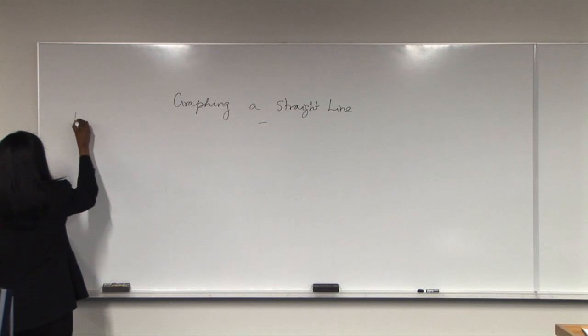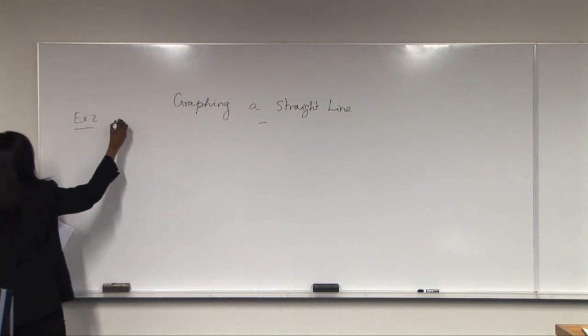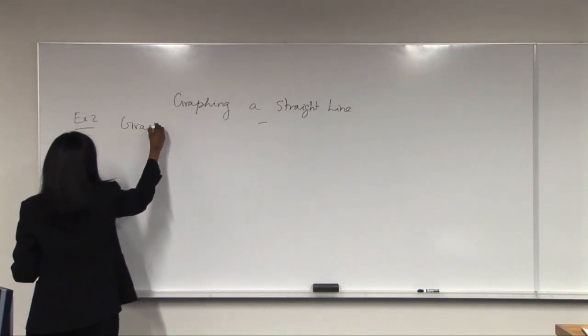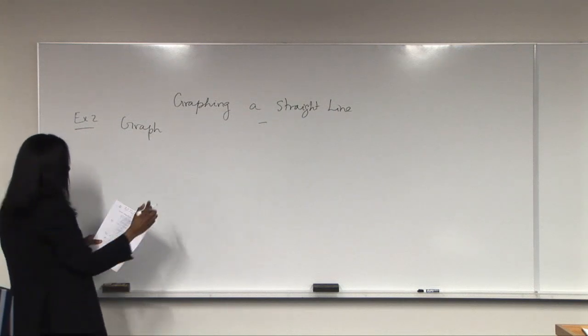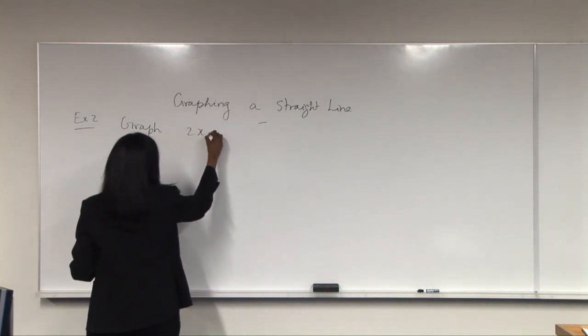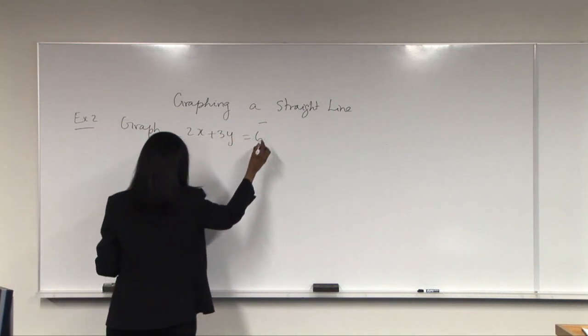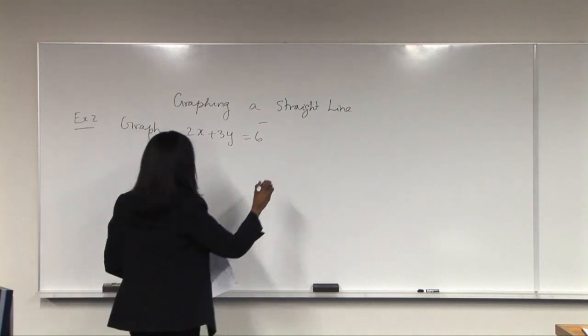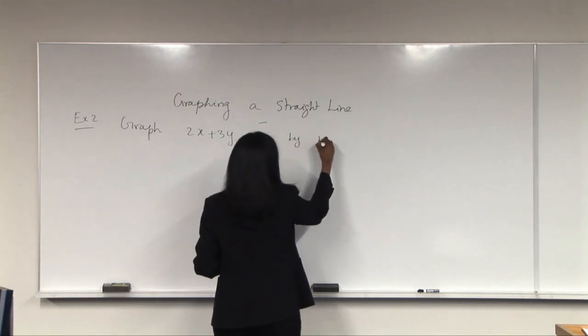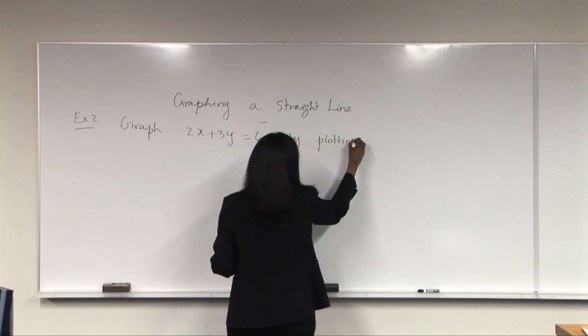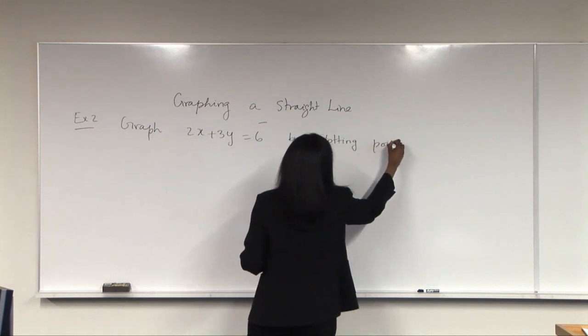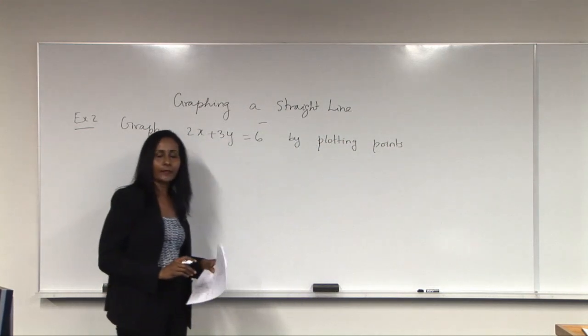Graph example 2. Graph 2x plus 3y is equal to 6 by plotting points. Again, we are going to plot points and graph it.